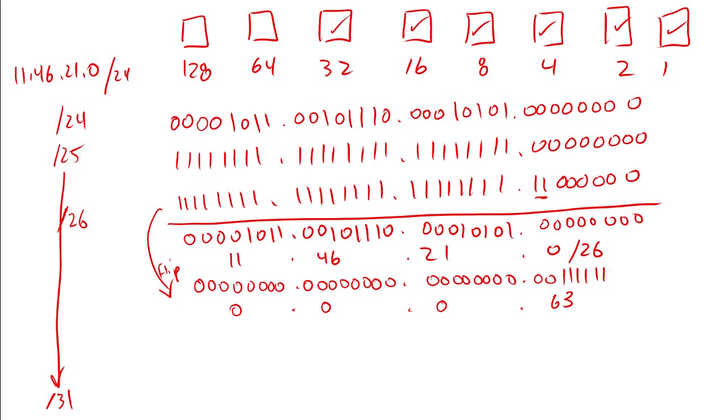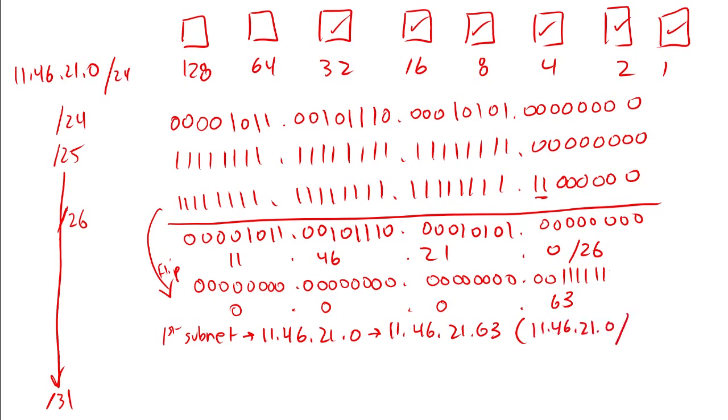So now our first subnet is 11.46.21.0 to 11.46.21.63, or we can also write it as 11.46.21.0/26.